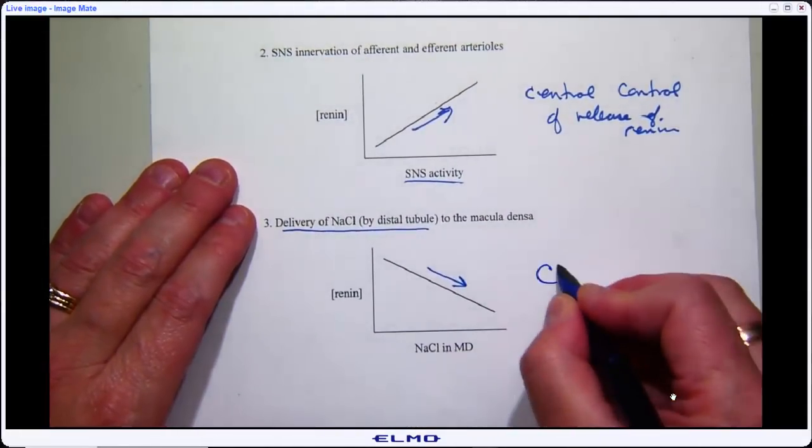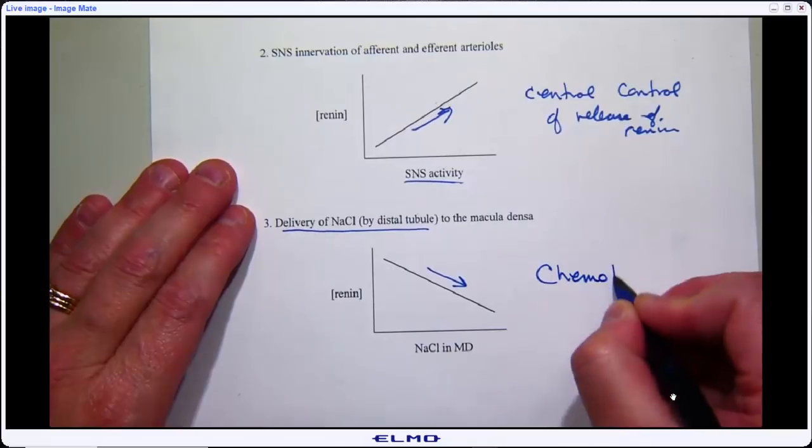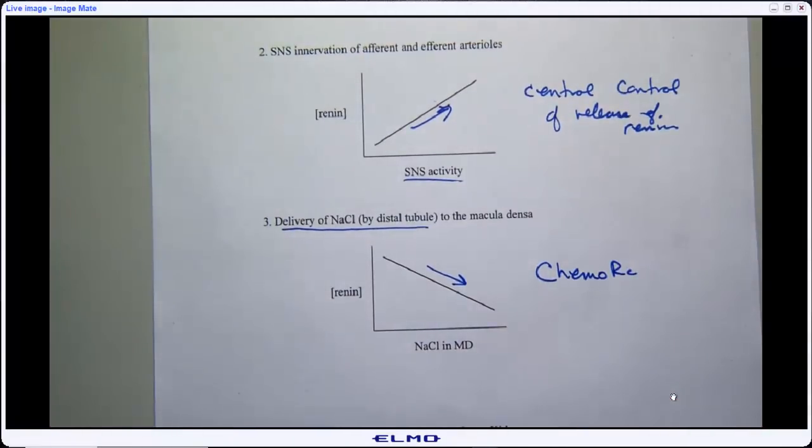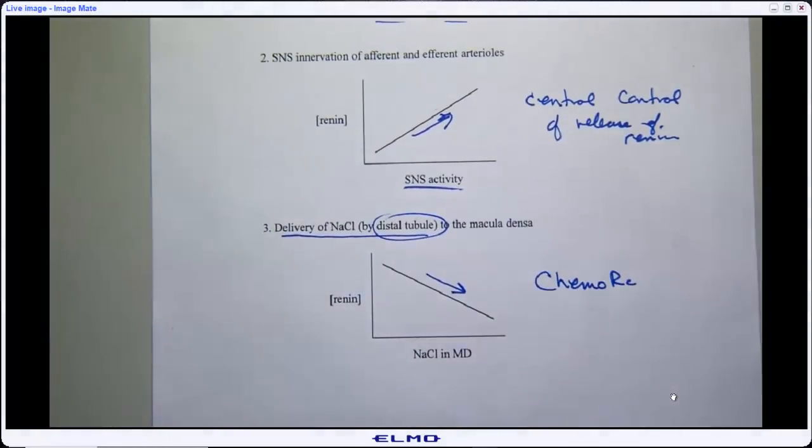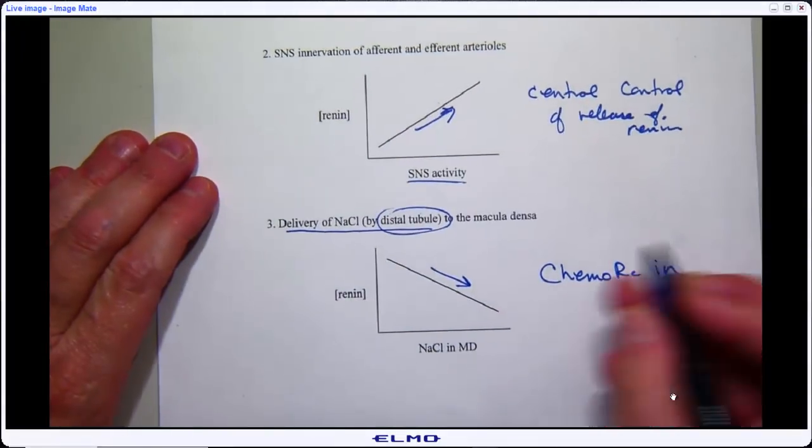So if this is going to work, we've got to have sodium chloride at the macula densa, and the macula densa is in the distal tubule. That means there has to be some sort of chemoreceptor in the distal tubule for sodium. Okay? So we've got to have a chemoreceptor in the distal tubule.